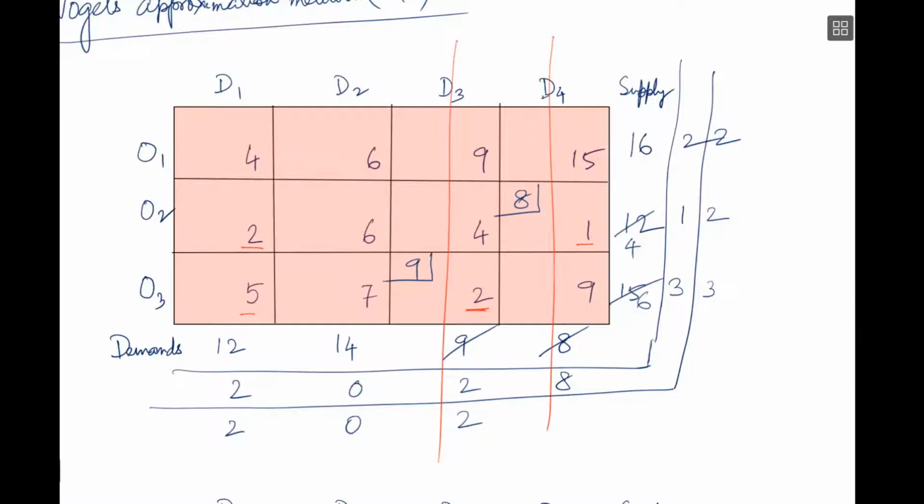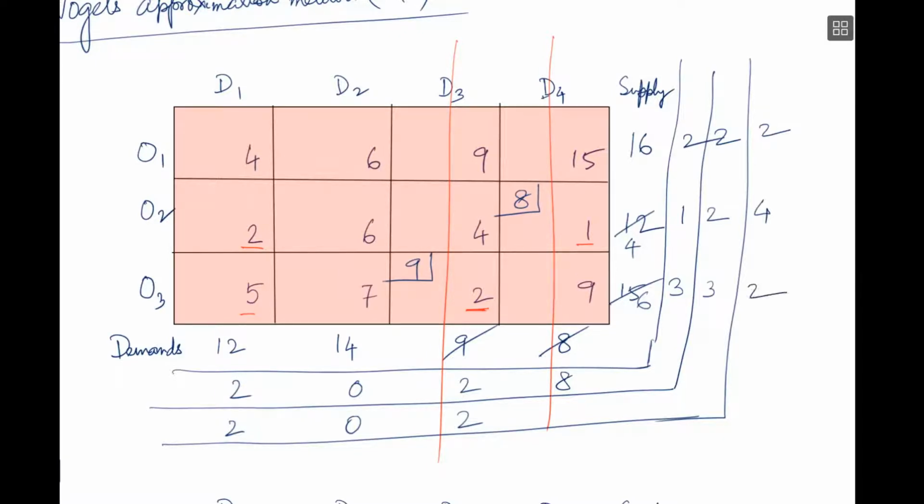Again, in the reduced cost matrix we find the differences between the smallest cost and next smallest cost in each row and column. Here it is 2, here it is 4, here it is 2, here it is 2, and here it is 0.